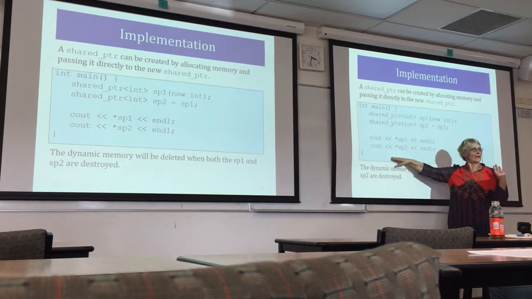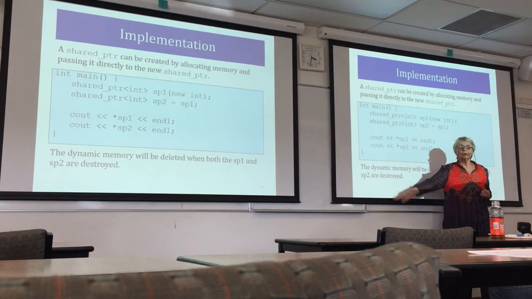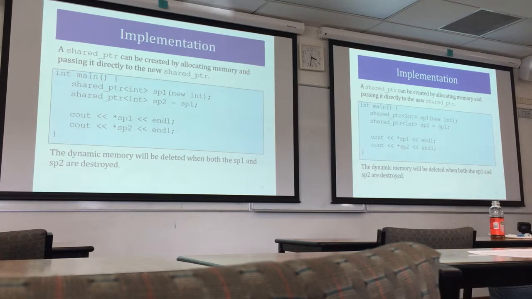You don't have to do anything. So it's a case where you use new, but you don't use delete here. The destructor is called automatically and does everything which is required. So from this point of view, it's much easier to use.